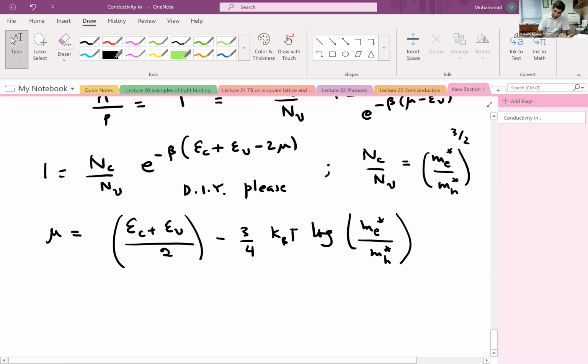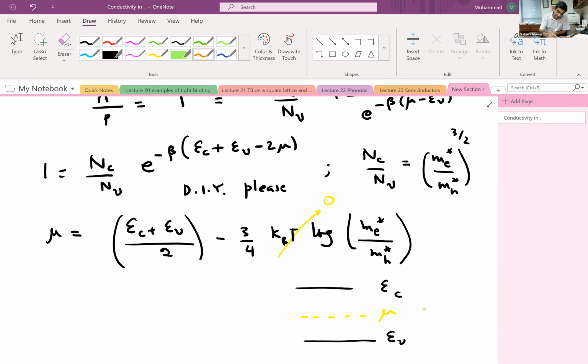All right. So if I have my EC and my EV for an intrinsic semiconductor, if I'm at 0 Kelvin, the second term just goes away. This is 0. So my chemical potential is bang in the middle.